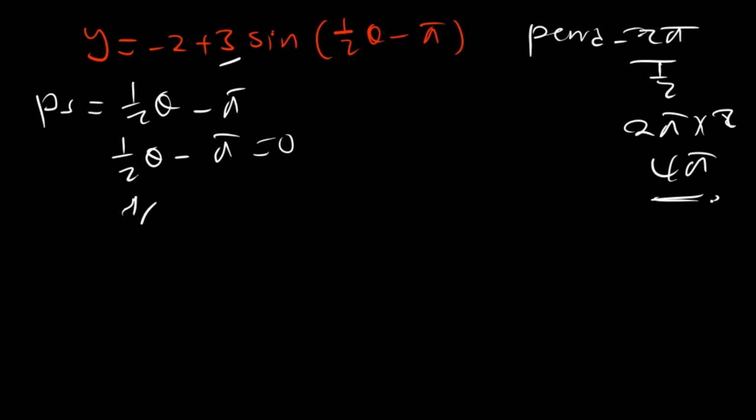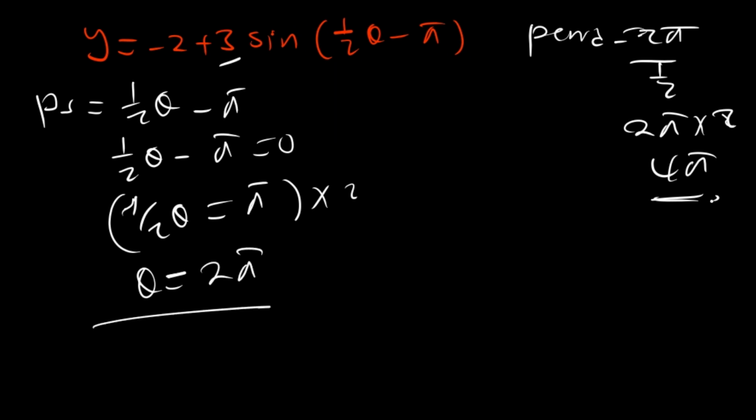One over 2 theta is equal to pi. So divide both sides by half, which is the same as doing times 2. So theta will be equal to 2 pi. That is my phase shift. My vertical shift is -2. Any question on how to find the period, phase shift, vertical shift and the amplitude?